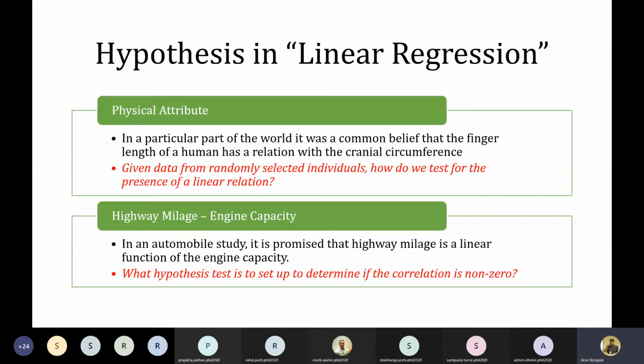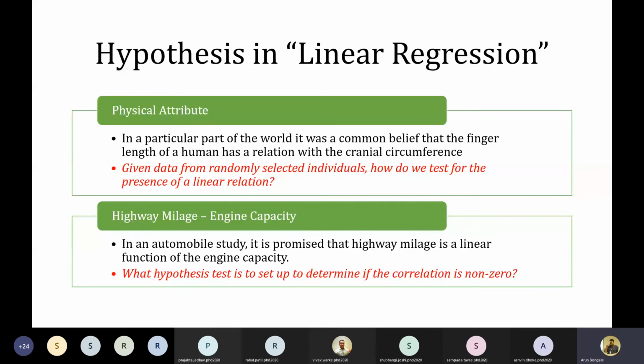If it is a 200cc engine, the mileage will reduce to some 30-40 kilometer per liter. So we know that as the engine capacity increases, the mileage of the automobile decreases. That is a known fact.